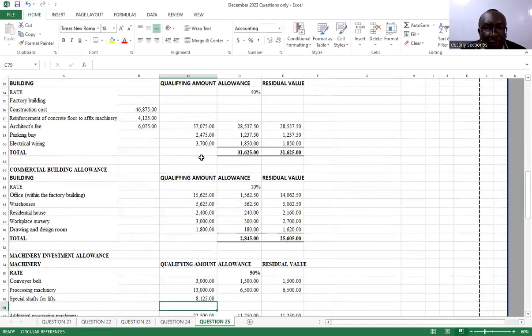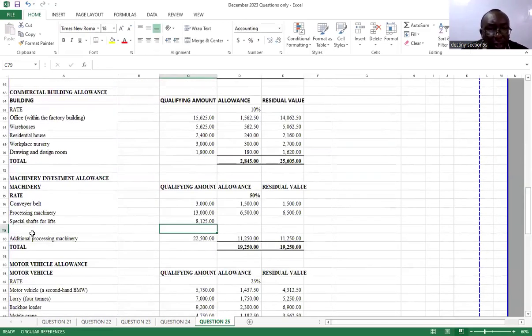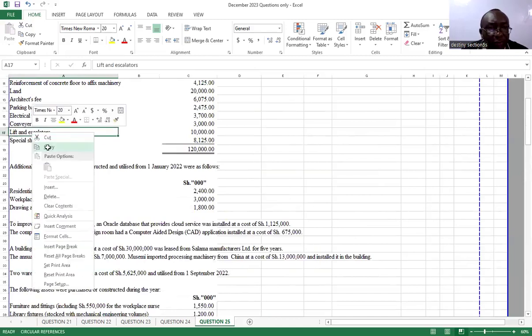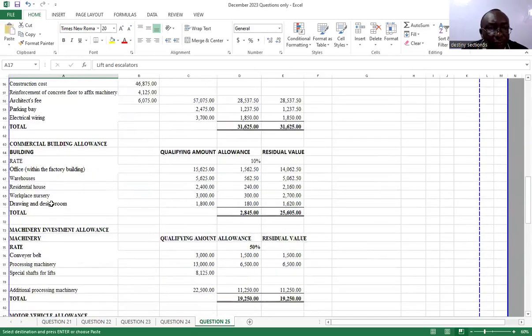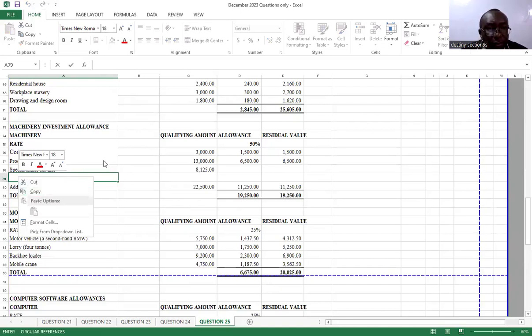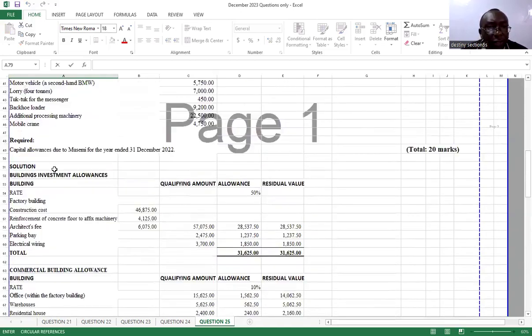Special shafts for lifts. Yeah. Then the next one that I need to pick is this one, lifts. Just copy.